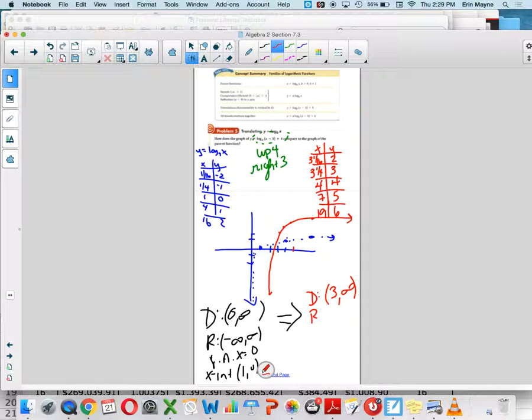If the range was negative infinity to infinity, will that change? No. Will the vertical asymptote change? Yes. So x equals 3. Now my graph stinks here in terms of accuracy, but make sure you put that on your graph. It should run at 3. If I had a good graph, you can see it ran at 3.